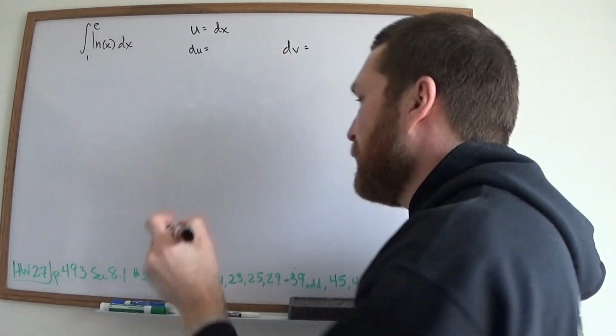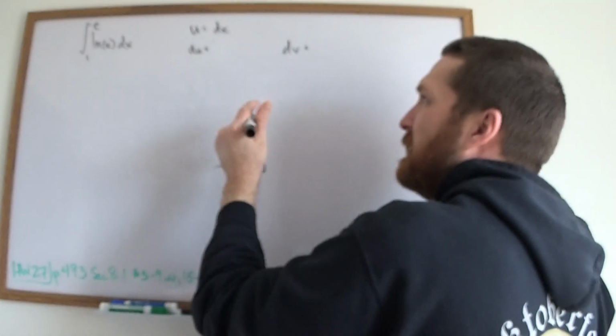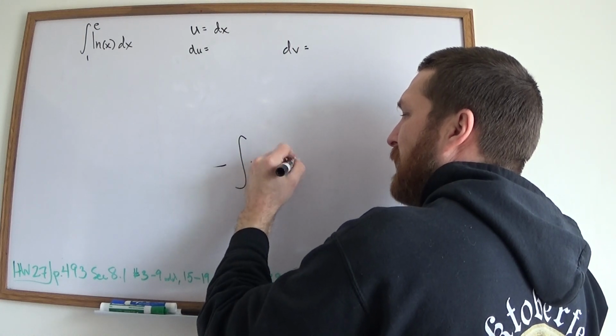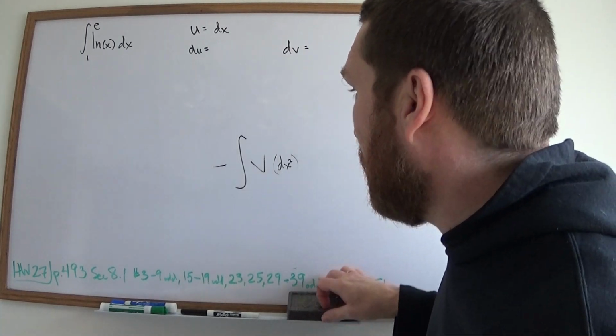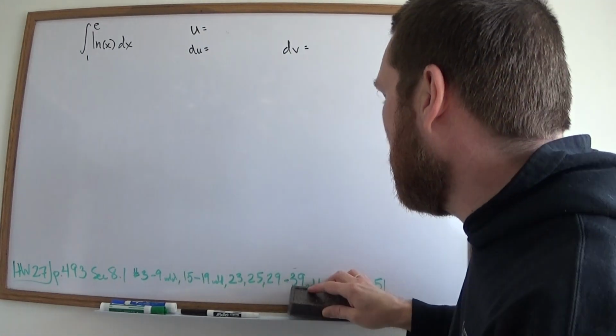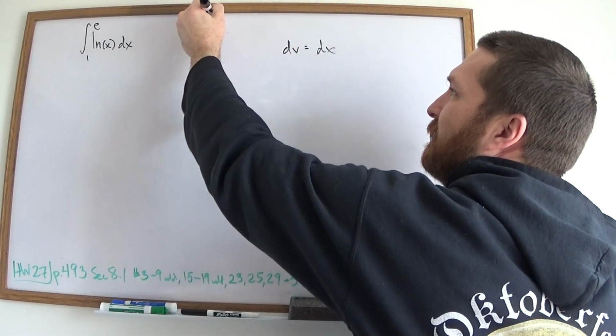When you go to put that in your minus integral v du, whatever v happens to be, now you have the second derivative of that. Well, what does that mean? That's going to be hard. So obviously that's not the case. The only thing you can do is this, which means everything else is going to have to go in here.